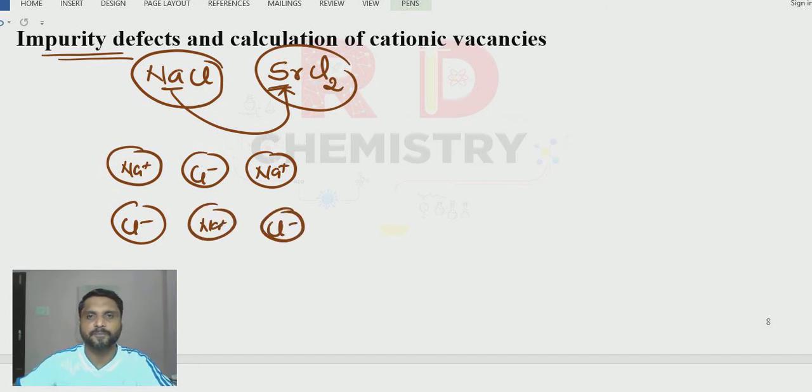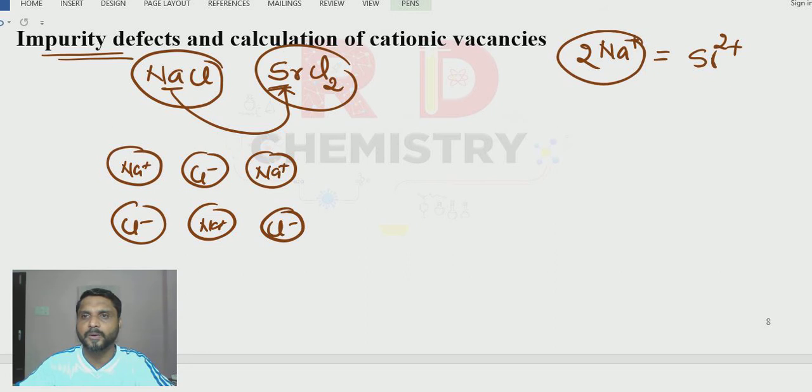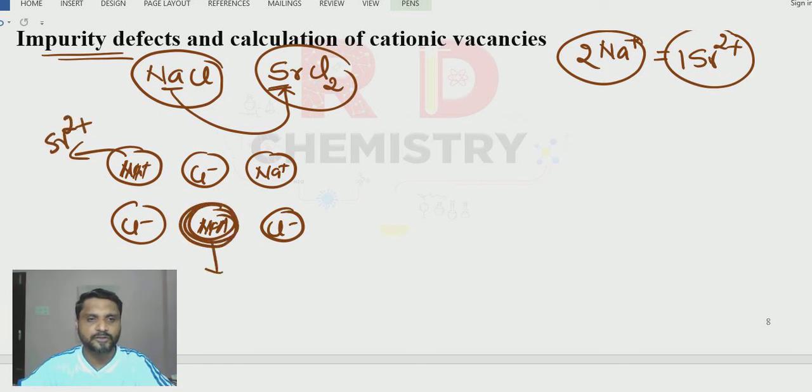Suppose strontium comes. Sodium valence is plus 1 and strontium valence is plus 2. I want to make it equal, so 2 sodium ions are equivalent to 1 strontium. That means if there is a replacement of 2 sodium ions, we can introduce only 1 strontium here. Only 1 strontium comes, correct? That means there will be one vacancy here, correct? Now this vacancy should have been occupied by the cation.